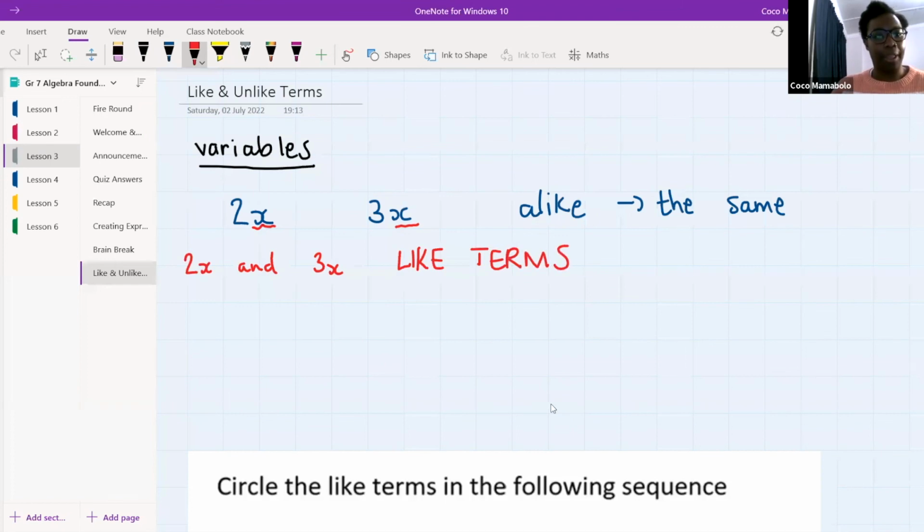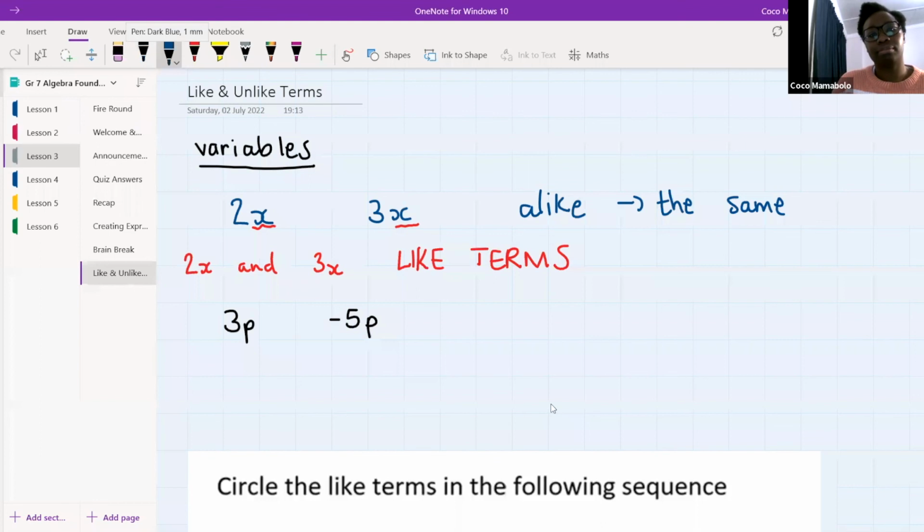Okay. Here's another one. I want hands because I already know you guys are going to get it. I want to see hands. What about 3p and negative 5p? Okay. Are these two things alike, Michelle? Are they alike? Are they the same?